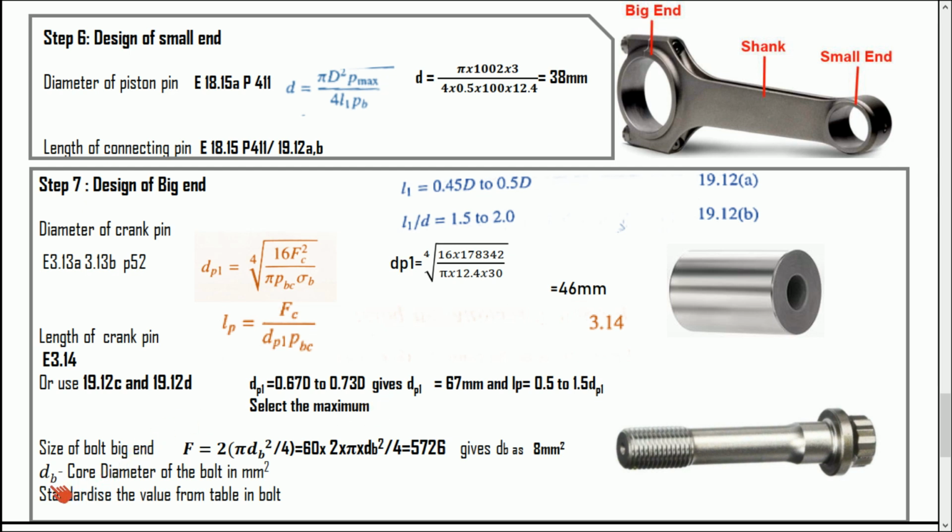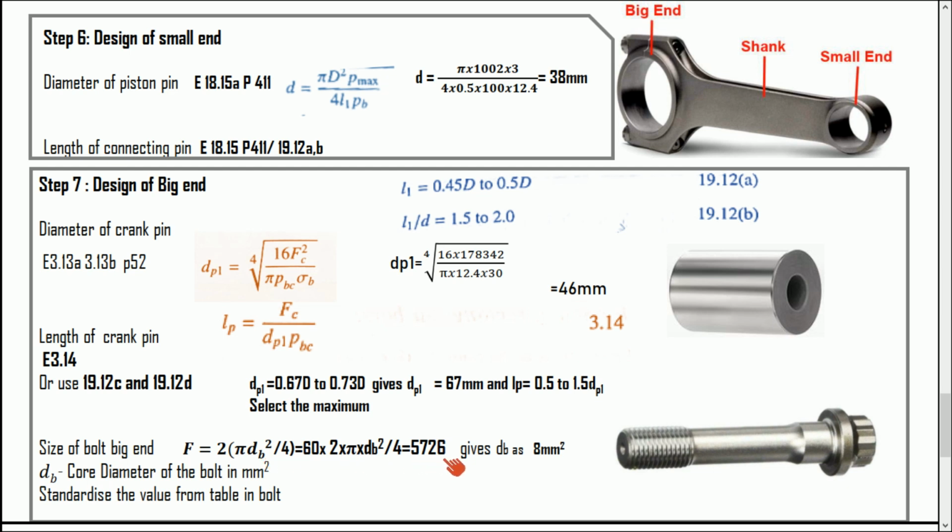Now we have to consider the design of the size of the big end bolt. See, the big end bolt consists of two portions, two bolts. This is the usual size of the bolt that is used in the connecting rod. So you have two bolts acting on the two sides, into the core area of the bolt, and the only unknown parameter is dV.